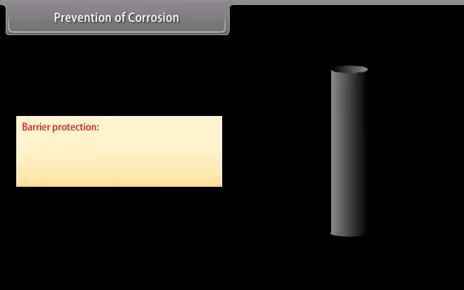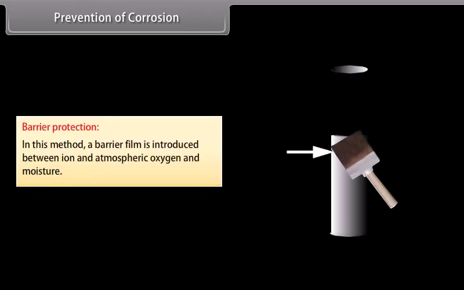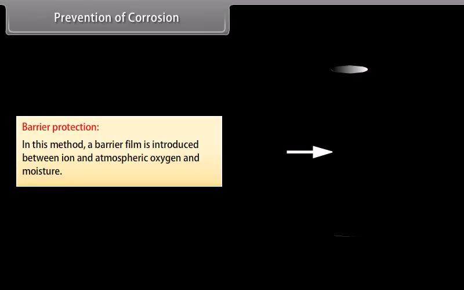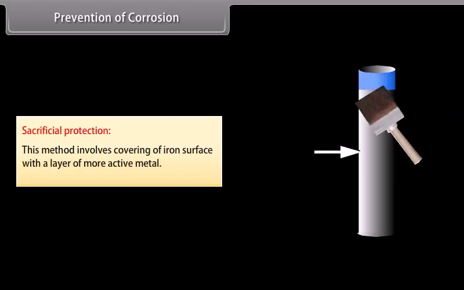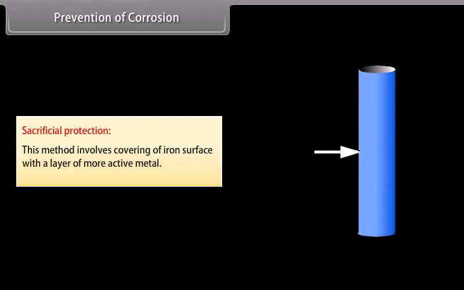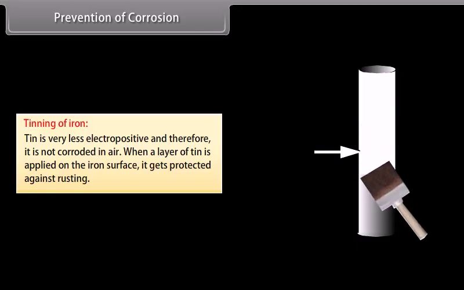Prevention of corrosion. There are many methods for protecting metals from corrosion. Some of these are as follows. Barrier protection. In this method, a barrier film is introduced between iron and atmospheric oxygen and moisture. Sacrificial protection. This method involves covering of the iron surface with a layer of more active metal. Tinning of iron. Tin is much less electropositive and therefore it is not corroded in air.